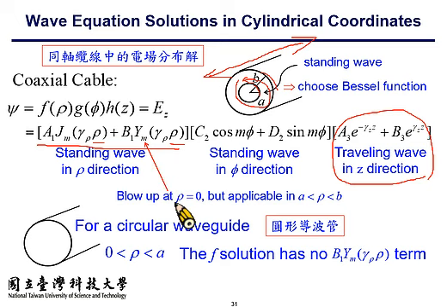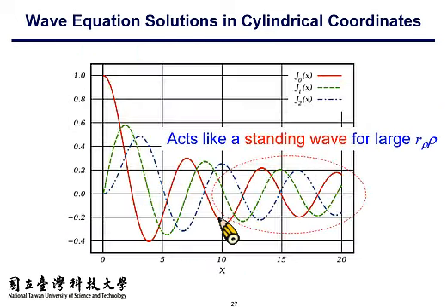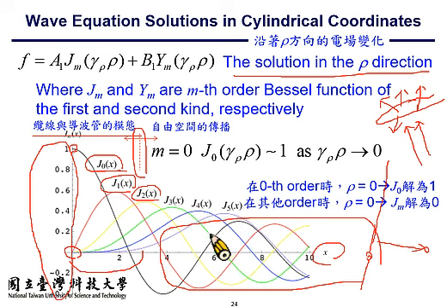Okay, so for coaxial cables, the rho variation region is between B and A. So as long as you can find the position of zeros in the Bessel function of the first kind and second kind, they can be viable solutions for this problem. 那我们看一下，OK，像这个的话是 J, Bessel function of the first kind.